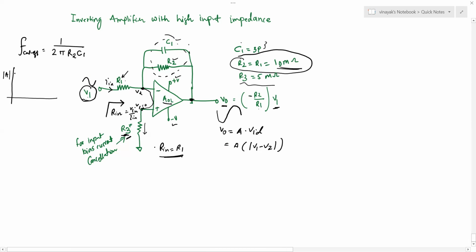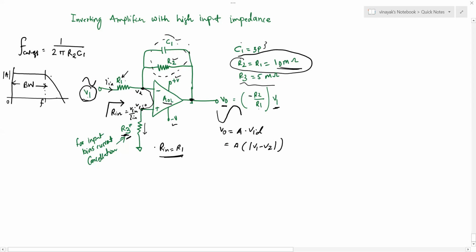Okay. So you have this gain right here, and then you will have the frequency response, something like this, where the usable bandwidth of the amplifier will be from 0 or DC to a certain frequency.